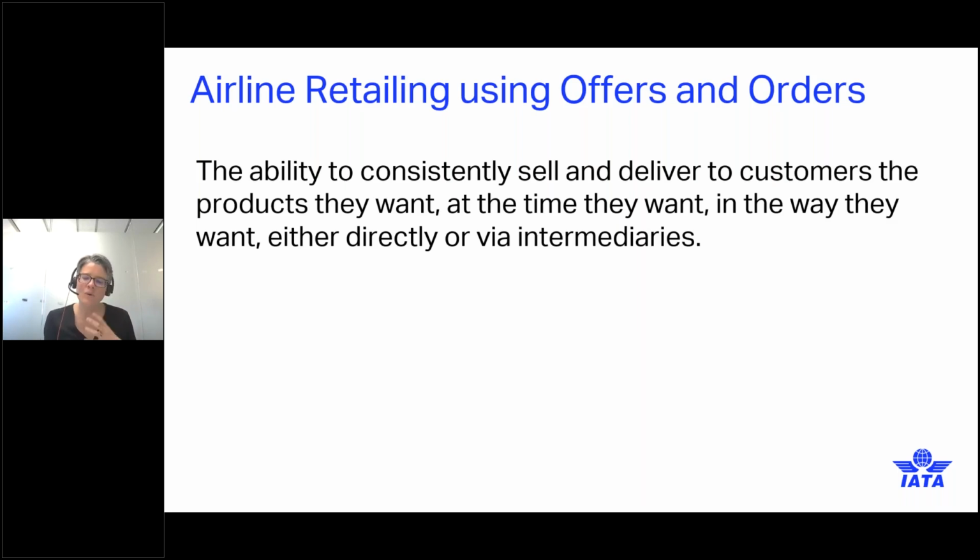But then there are two more parts to this program about what is the relevant information for the industry and for individual companies to help the industry become more mature through companies becoming more mature in airline retailing. So all of that is the work of the Airline Retailing Maturity Index.